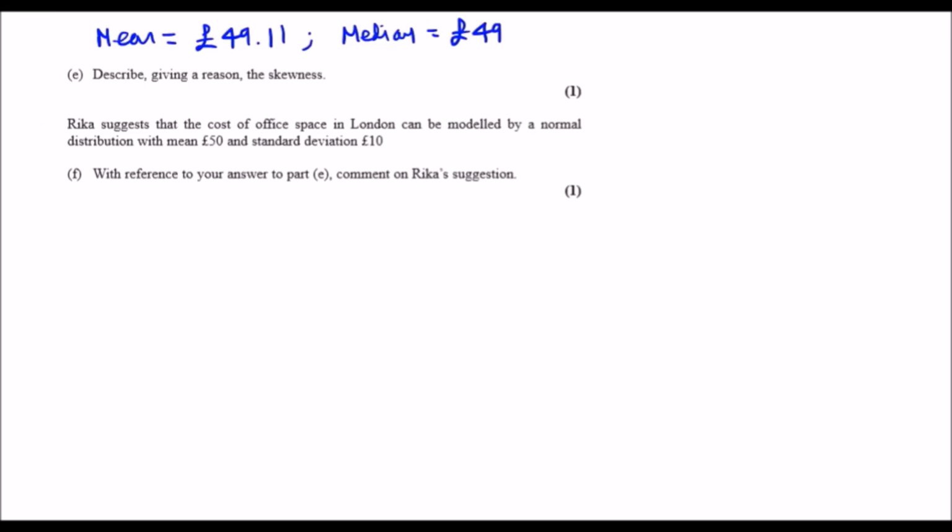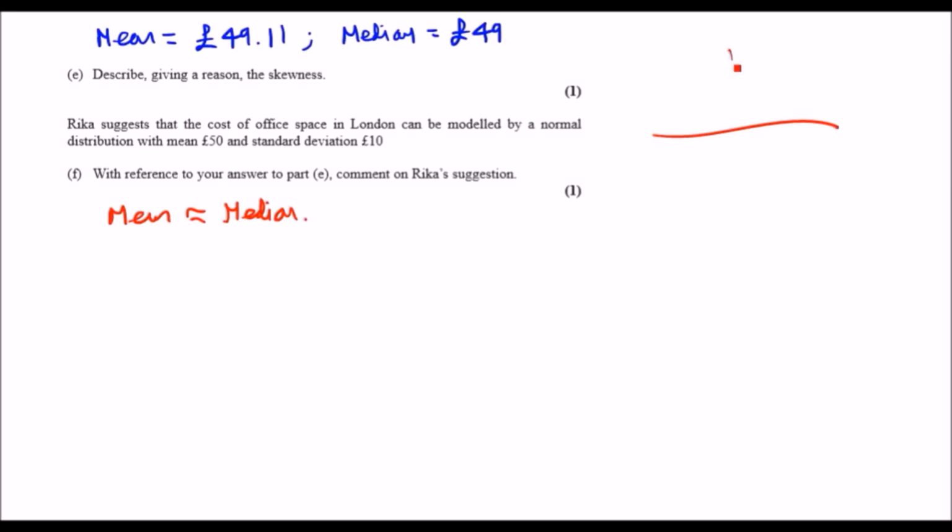Okay, here we go. Part E and F. So, describe, giving a reason, the skewness in relationship to a given mean and median. Have a look at both these values. We can instantly say that the mean is roughly equal to the median. What does this mean? If you have the center, the mean, which is all of the values, and the median, which is the absolute middle of all the population, and they're about the same, this means that you're looking at a symmetrical data set.